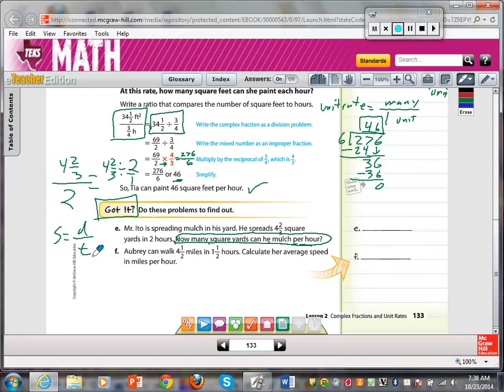Distance divided by time. So in this case, it would be 4.5 divided by 1 1/2, which you know is equal to, well, I'm going to leave this for you because you need to be able to go from here to the actual division here. All right, so that's all for this video.